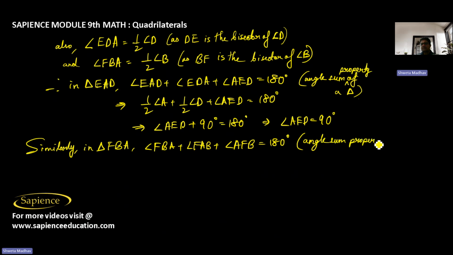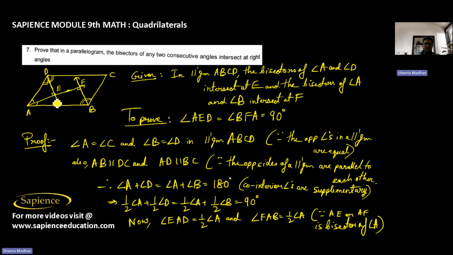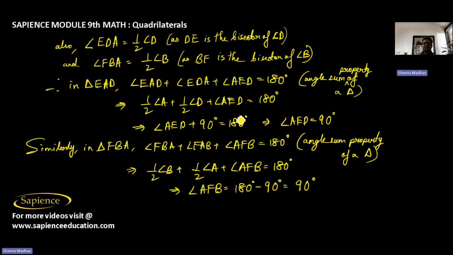Now FBA is equal to half of angle B and FAB is equal to half of angle A. So therefore I can say angle AFB is equal to 180 degrees minus 90 degrees, that is equal to 90 degrees. So angle AED is 90 degrees, and angle AFB we have proved is also 90 degrees.